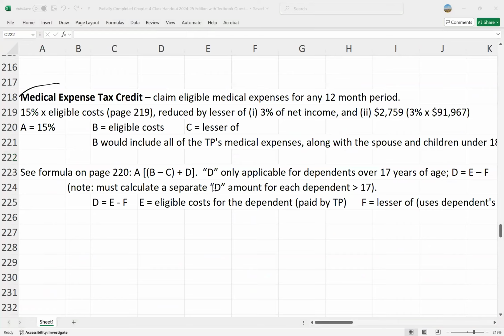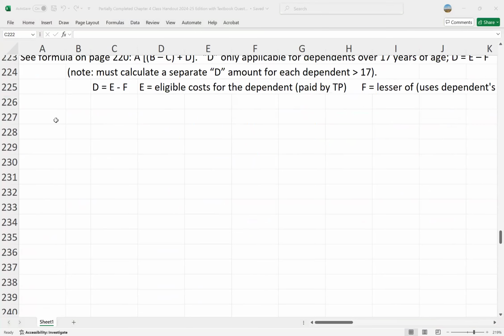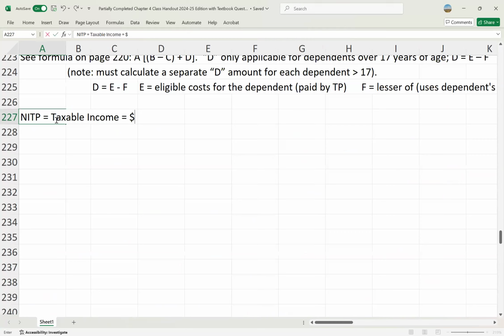So then why don't we just start similar to what we did last time? We're going to assume that her net income for tax purposes equals her taxable income, and that has been calculated for us, which is 132,400. So using your rates table, calculate the federal tax before tax credits.